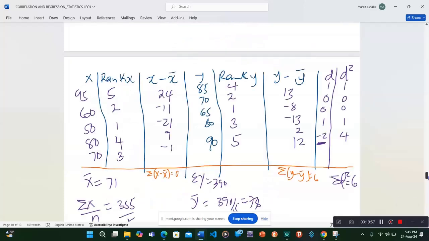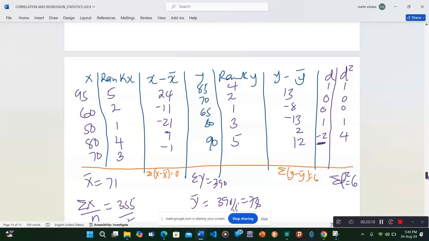So let's sum. We have 13 squared plus 64. Remember, any negative number squared is always a positive. So the negative times a negative always gives a positive. You should be able to look at that.